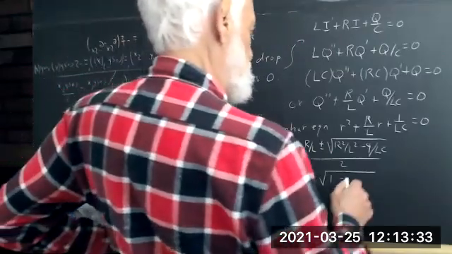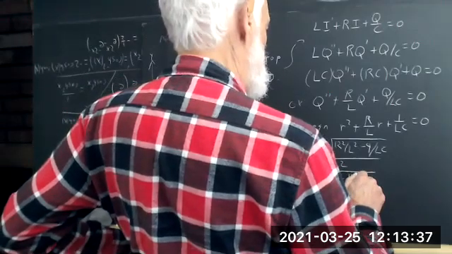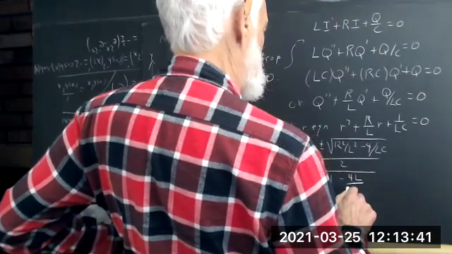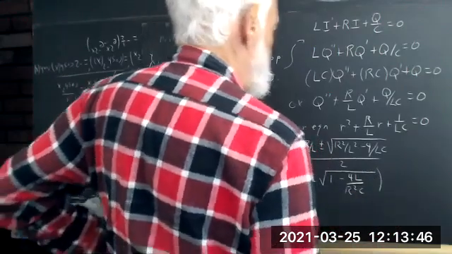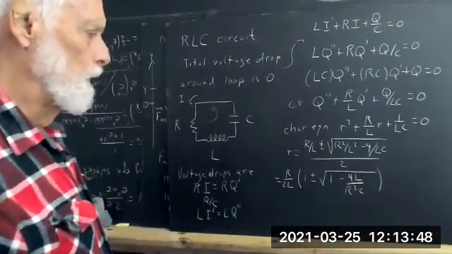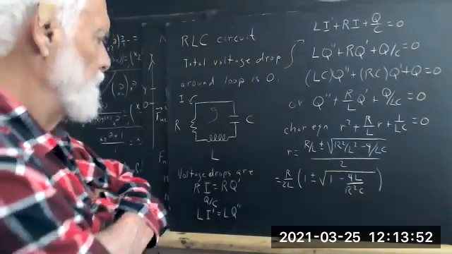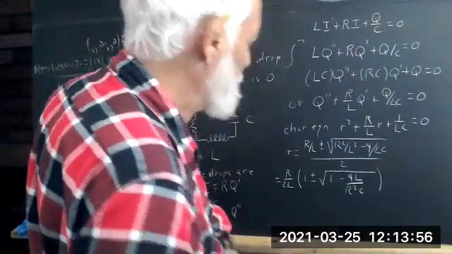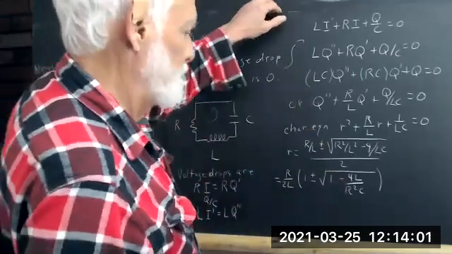So I'm going to have 1 minus 4L over R squared C. Don't like that square in the R. Something doesn't seem right.